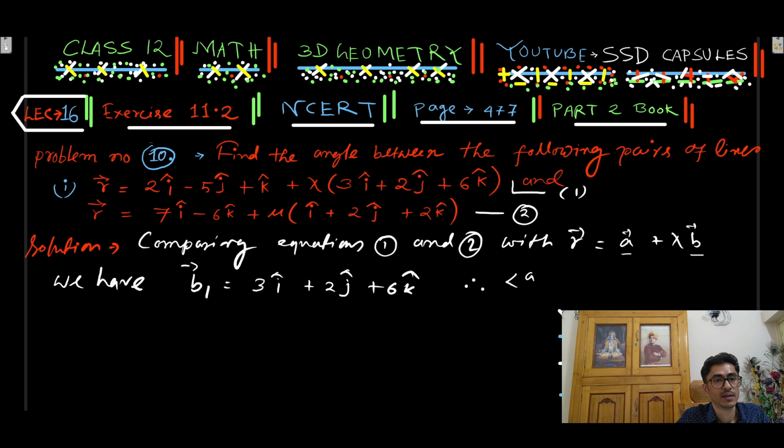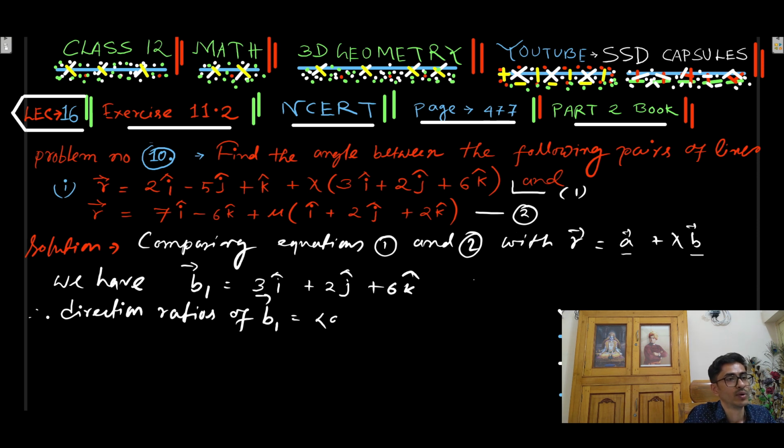Therefore a1, b1, c1 equal to, I'll just write in detail, therefore direction ratios of b1 vector equal to a1, b1, c1 equal to 3, 2, 6.